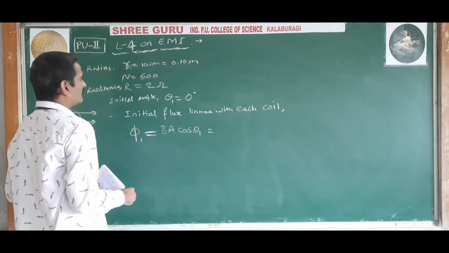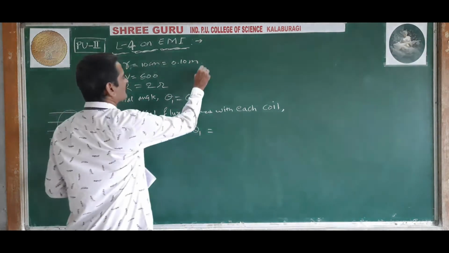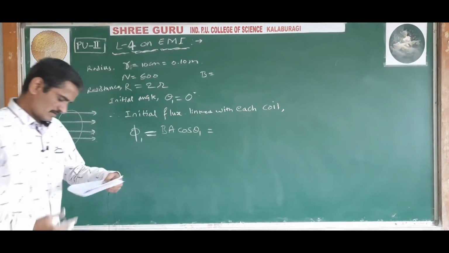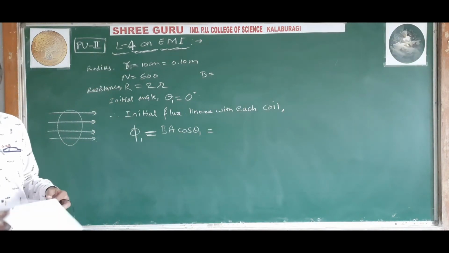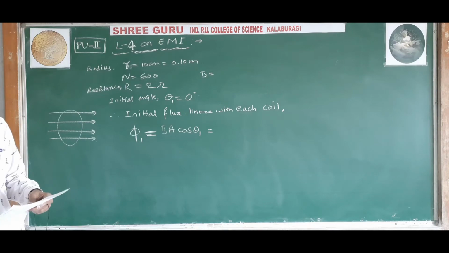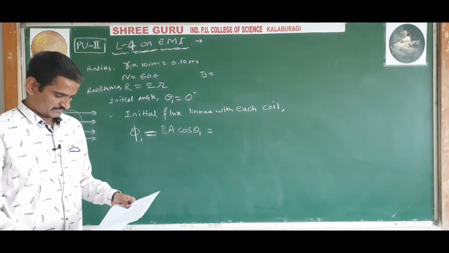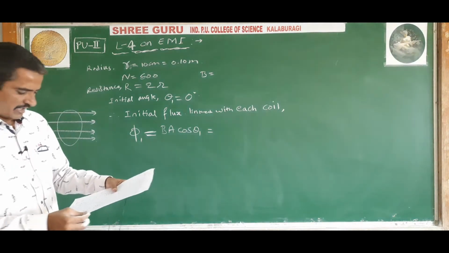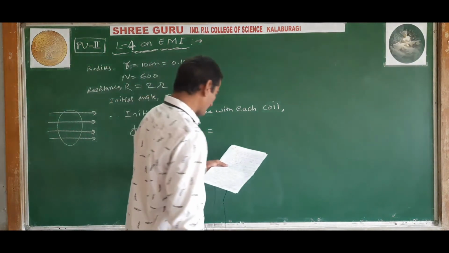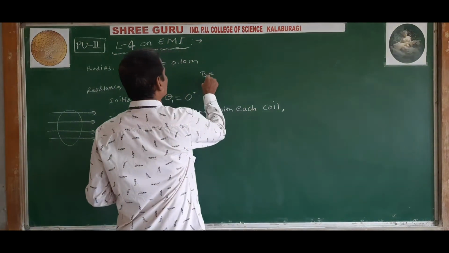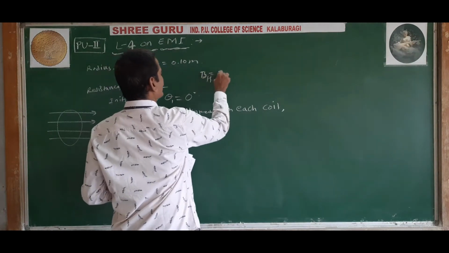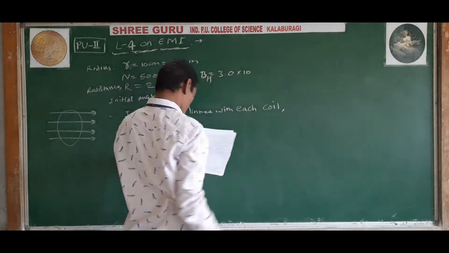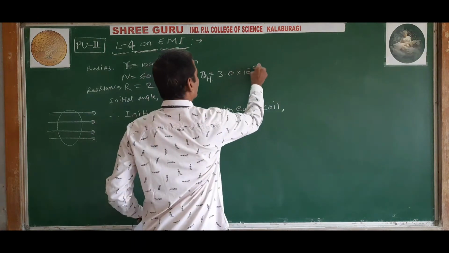B is the magnetic field. What is the magnetic field given? Read the question, you will get everything. The horizontal component of Earth's magnetic field at the place, BH, is 3.0 into 10 to the power minus 5 Tesla.